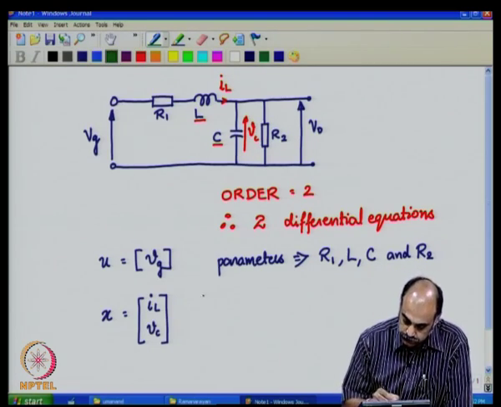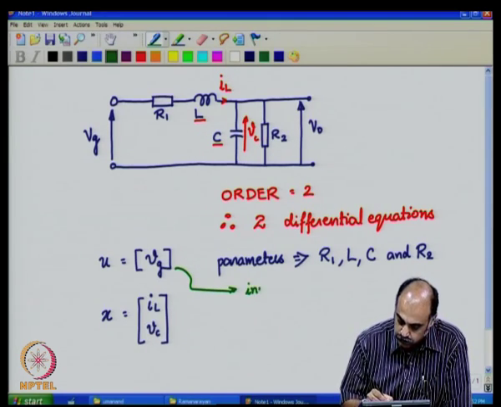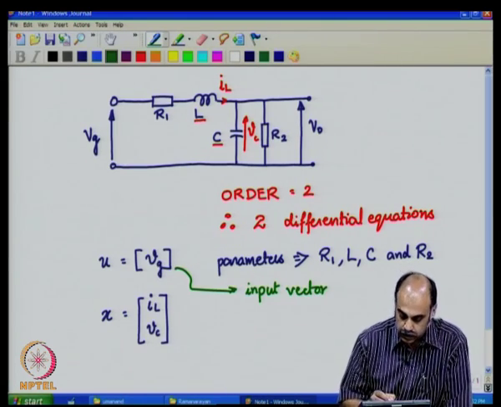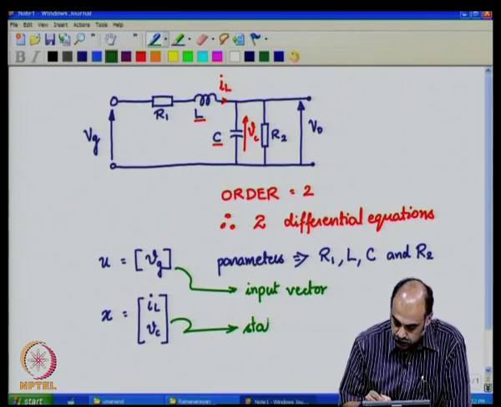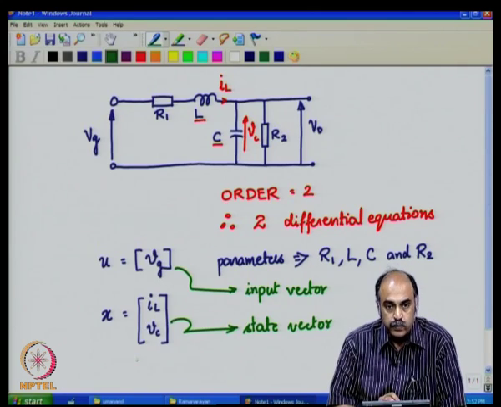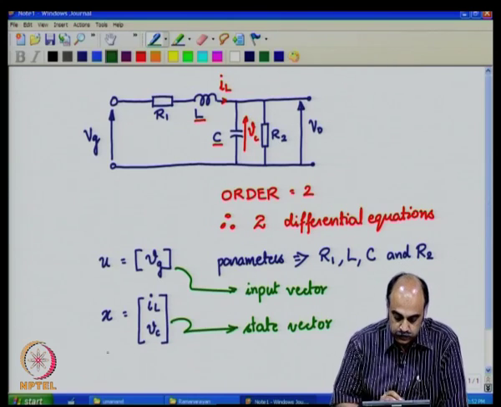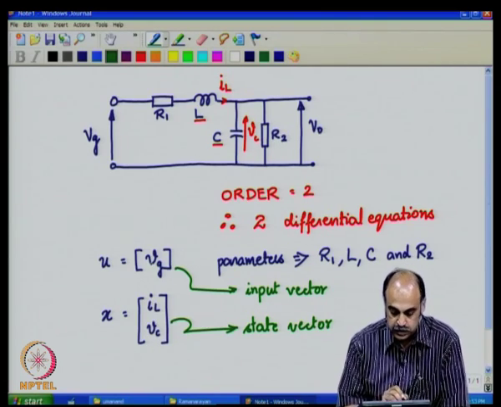Note that this matrix is called the input vector, and this array is called the state vector. It is self-explanatory because it means that this is a vector or an array which contains state variables. The U vector or the input vector contains an array of input variables.